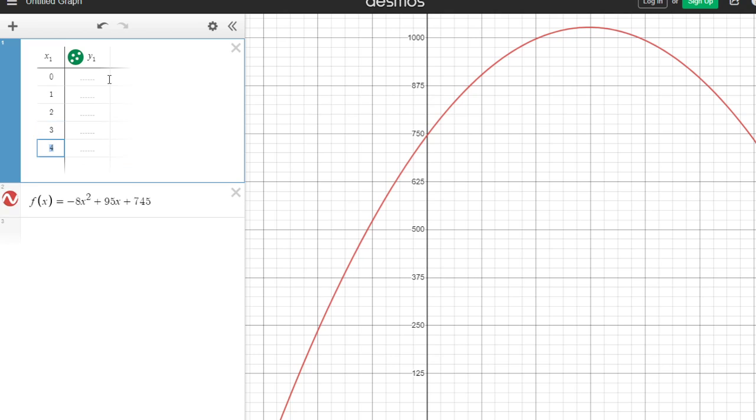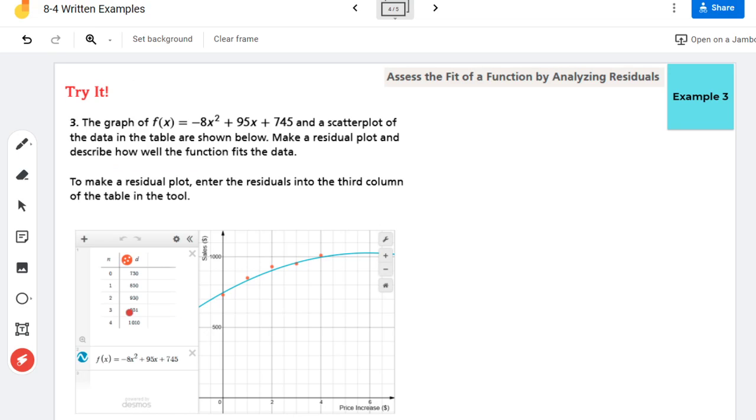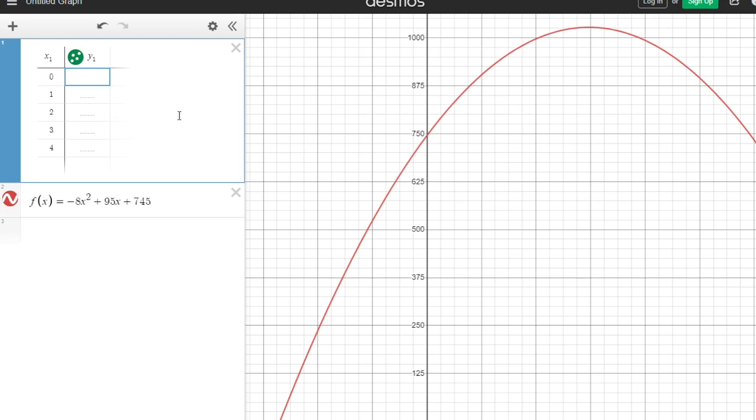So if you notice, I went ahead and I'm just creating the table that they have right here, except I'm not filling in N and D, I'm just filling in X and Y1. And by generating this table, we're giving ourselves the ability to create this regression.